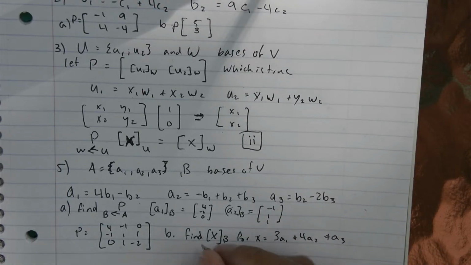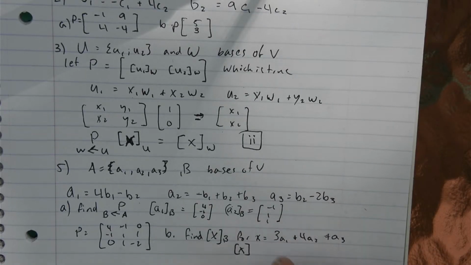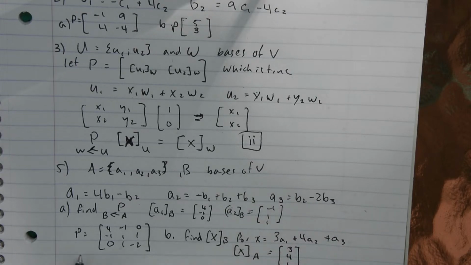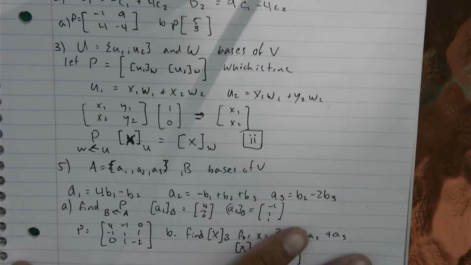So you have to recognize that x in terms of A is the vector 3, 4, 1. So now, since this matrix tells you how to convert a vector in A to a vector relative to B, you just take the matrix vector product again. So I'll write that out in my program.